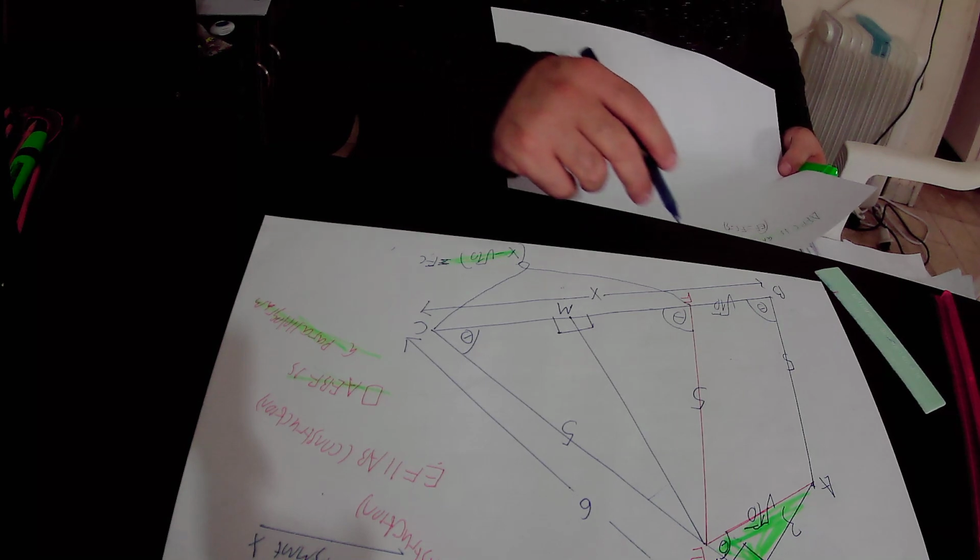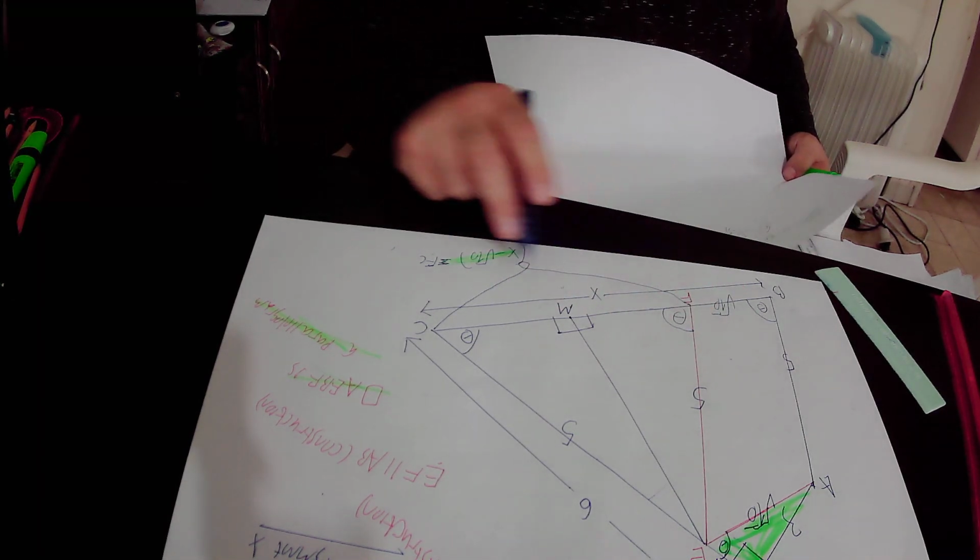The base of the isosceles triangle EFC is FC.